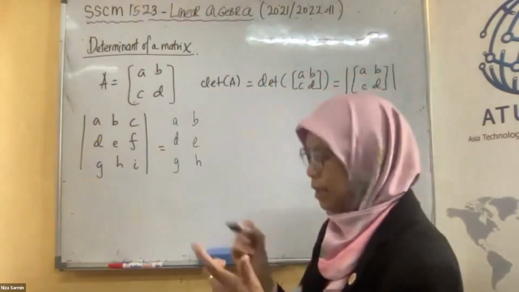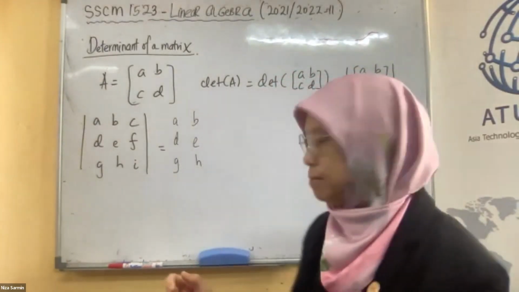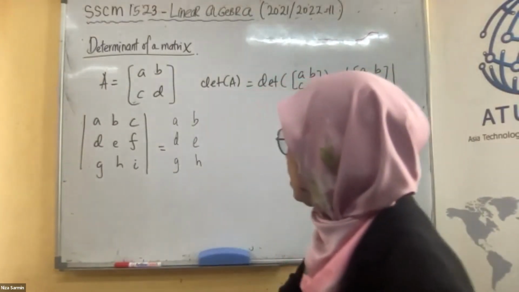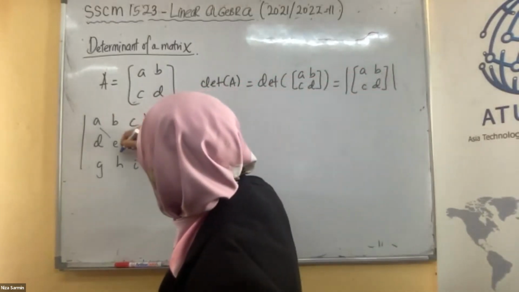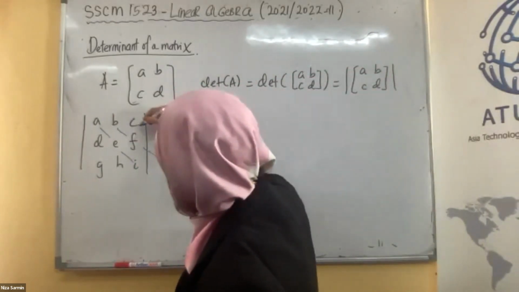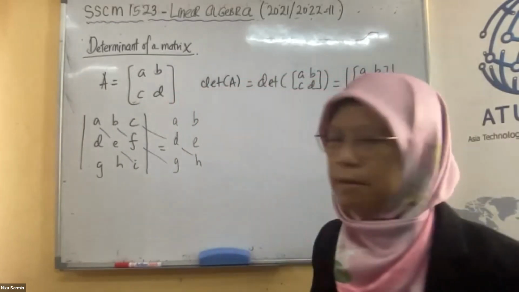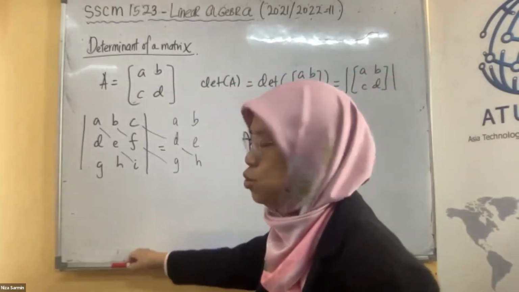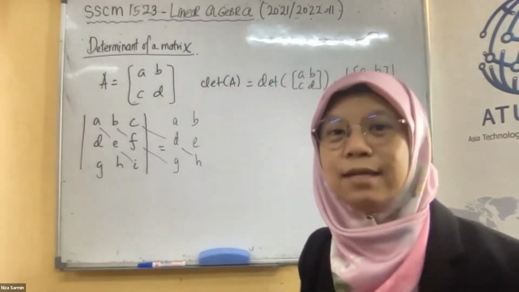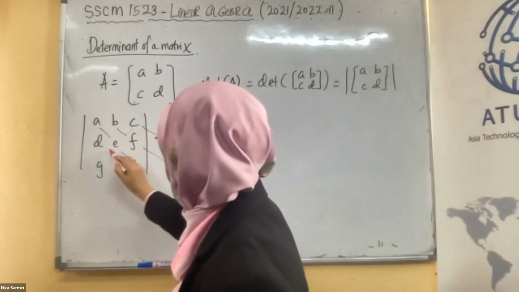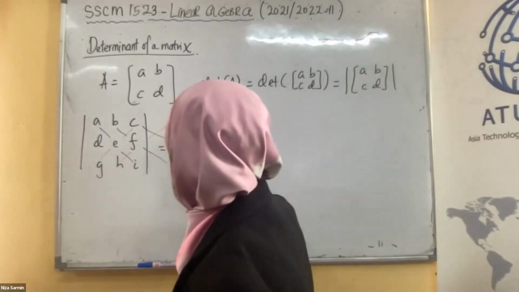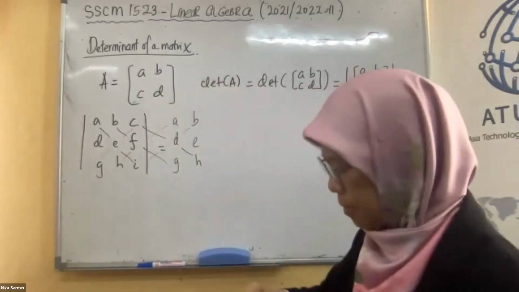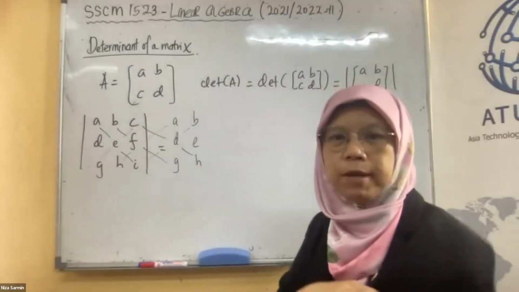All right. And then what you do is you multiply diagonally. You multiply diagonally and you subtract the other diagonal. Okay, so let's multiply.